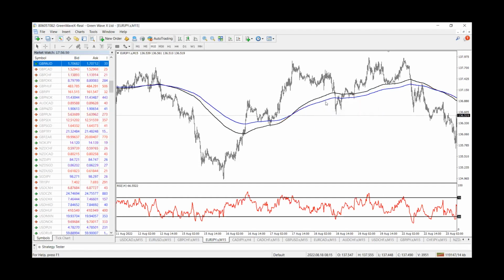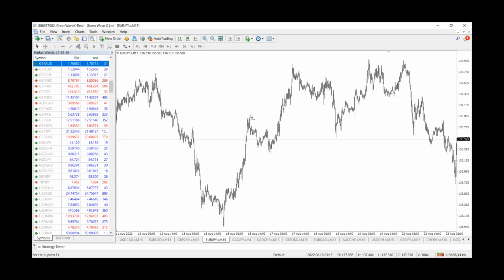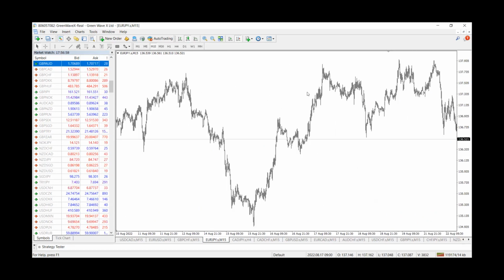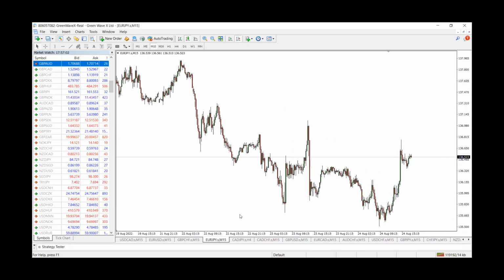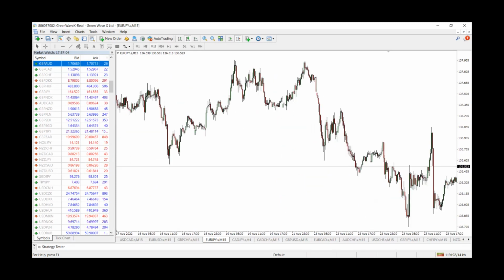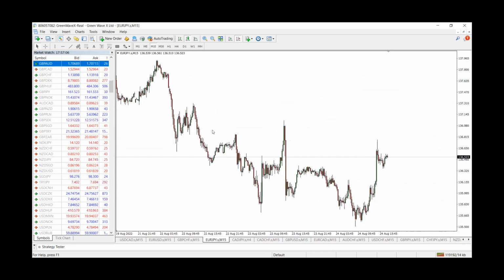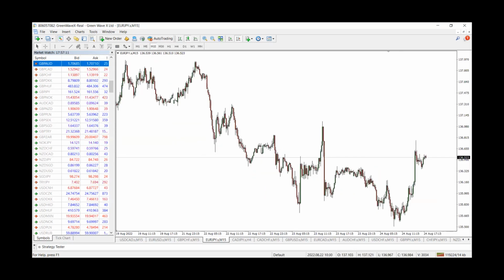I'm going to delete all these ones, and then delete this one as well. Now, this is a chart, a naked chart, right? Nothing is on it. By the way, if you can see my MetaTrader 4, please type 1 or type yes or type something. Let me know that you can see it.